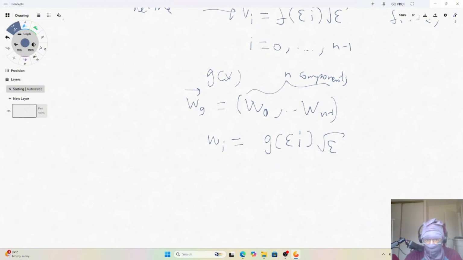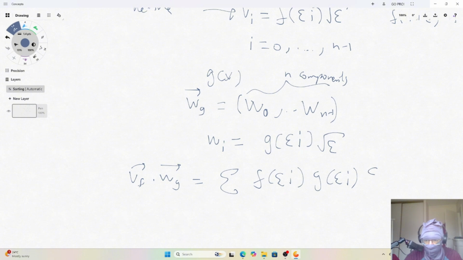So when we take the inner product between the two n-dimensional vectors, it will be a sum of f(epsilon i) g(epsilon i) times epsilon, because it's squared, so it gives epsilon, i from 0 to n minus 1. So this is really interesting, because suppose we said that epsilon is given by 100 divided by the dimension.